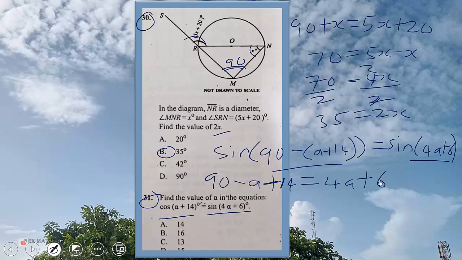So we are going to get 4a plus a is equal to 90 minus 14. 90 minus 14 is 70.